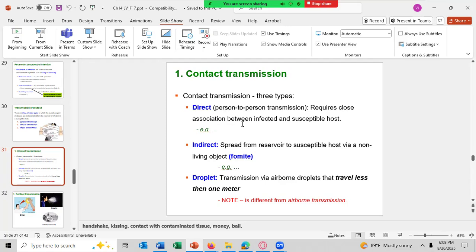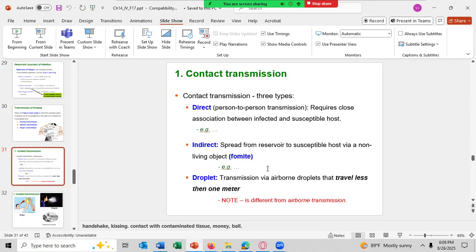That's direct person-to-person transmission. There's also indirect contact transmission, and that is where the disease is spread to a living person by a fomite, an object. It's indirect transmission.